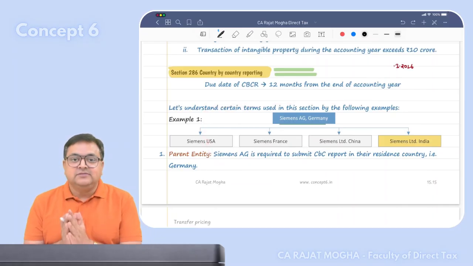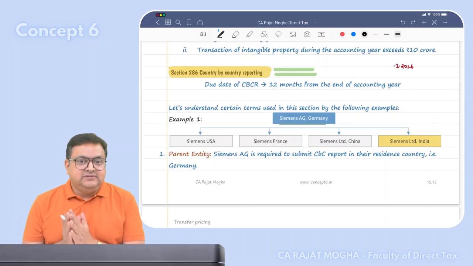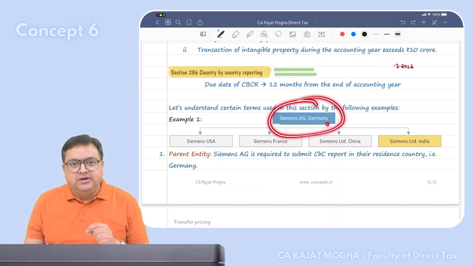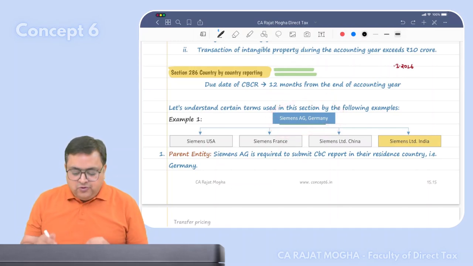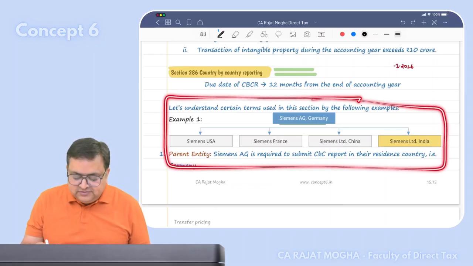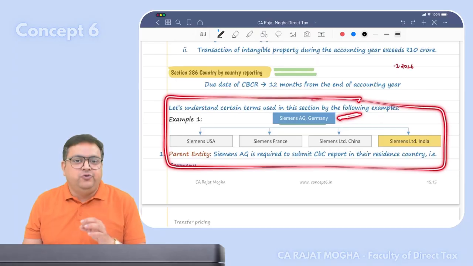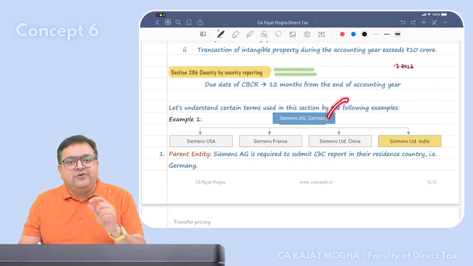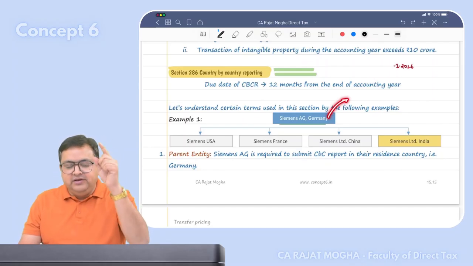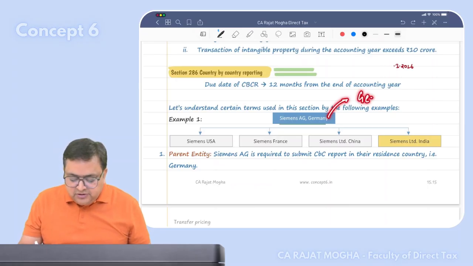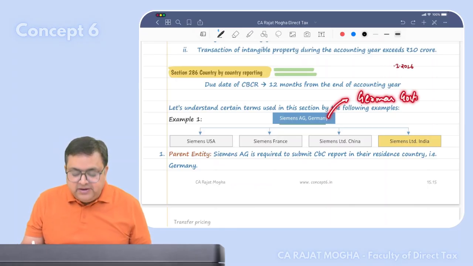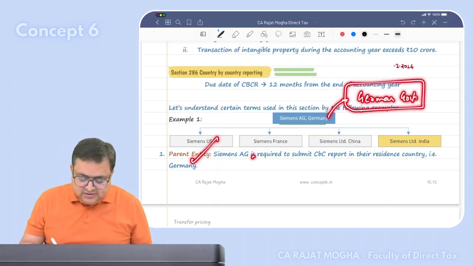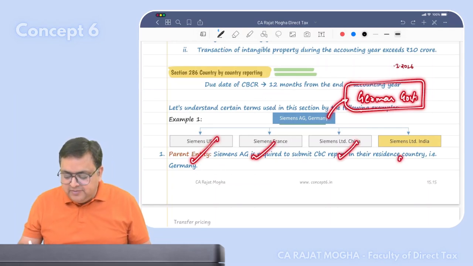Now, guys, the OECD BEPS plan says that the parent entity should ideally submit a detailed report of the entire group. They have to furnish it in their home country. So Siemens Germany has to furnish the details in their home country, which would be Germany. And the German income tax authorities will share this report with the US government, France government, China government, and Indian government.